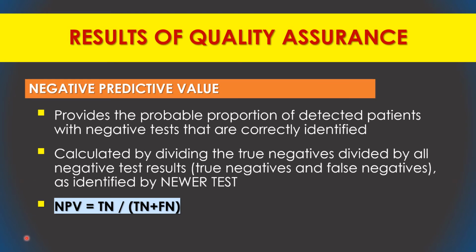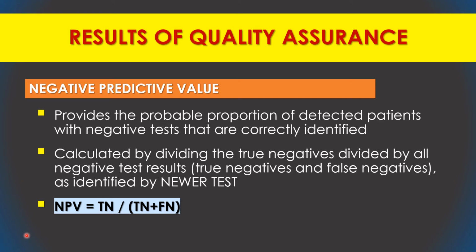So here is the negative predictive value. What does it mean? It means that the new test is accurate in detecting the negative. For example, I have 900 persons diagnosed by the gold standard as negative, so there is no disease.